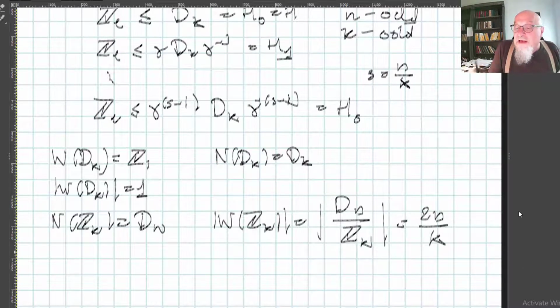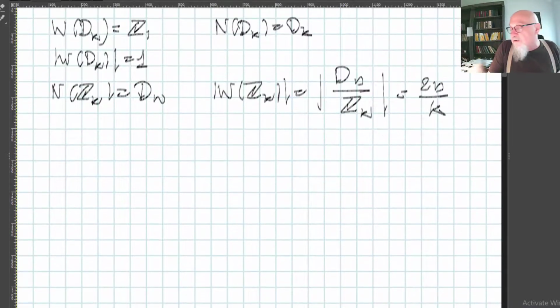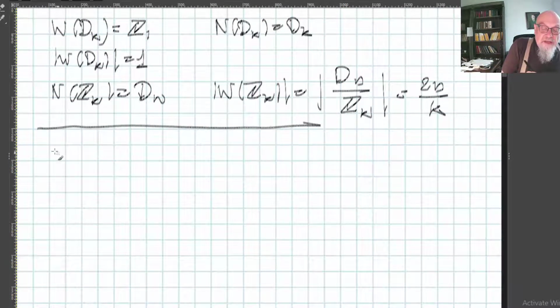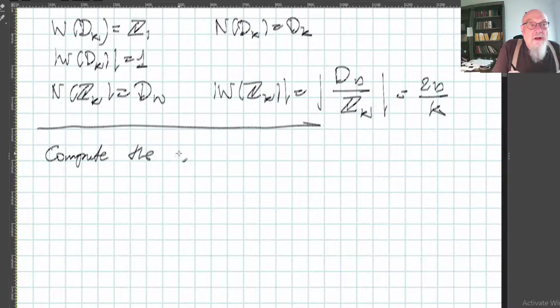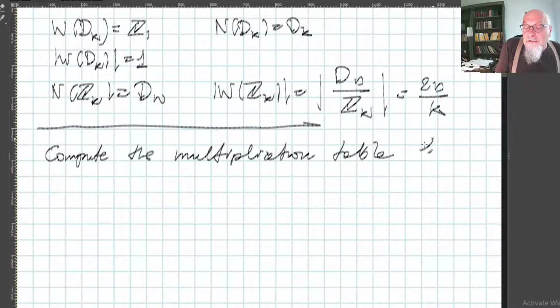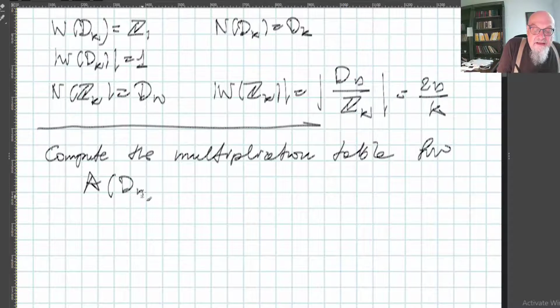So now let's compute the products. Let's do the computation. Let us compute the multiplication table for the Burnside ring A(Dn) for n an odd integer.